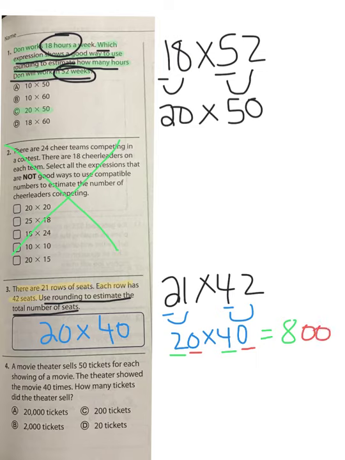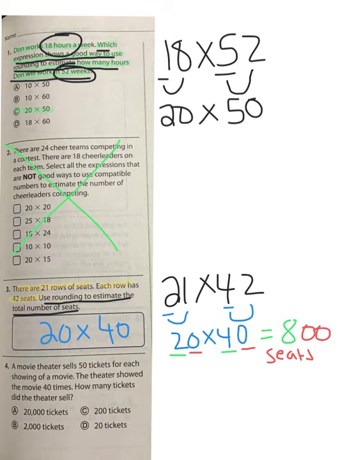Yesterday in our quiz, a few of you were not adding the correct number of zeros. Always multiply the basic fact first, then add how many zeros you have left in your factors to your product. We also want to put a label on this one. It is asking to round to estimate the total number of seats. So our label here would be seats.